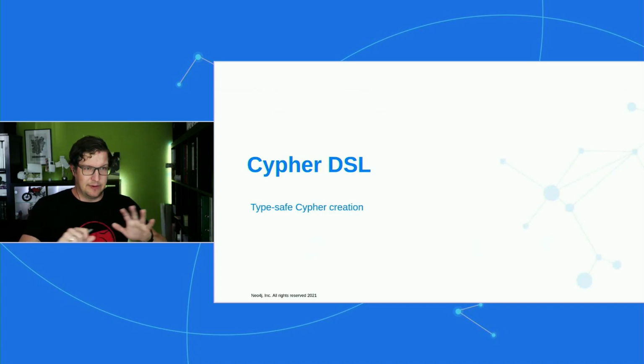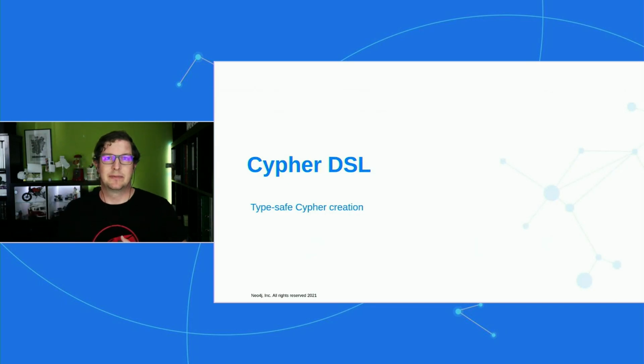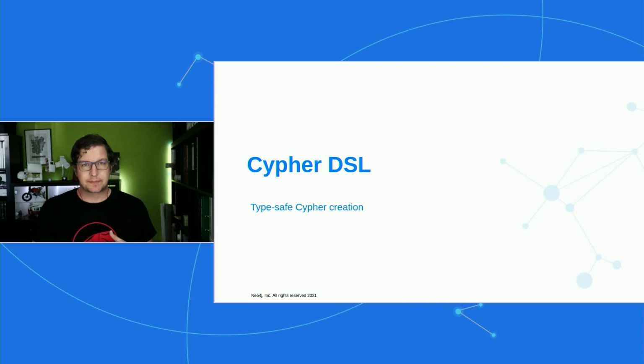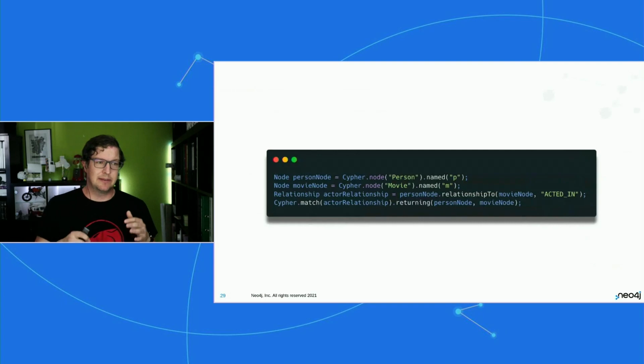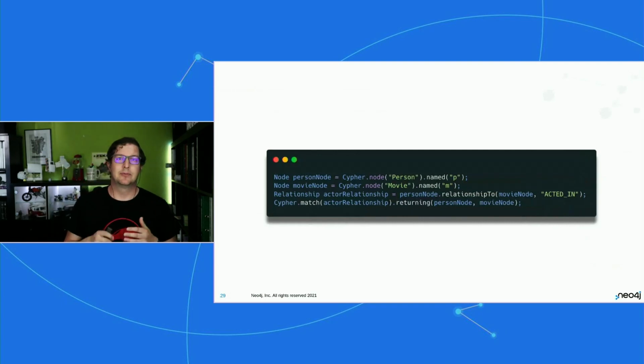So now leaving application framework sides, I want to show you something that's really cool, and we created it parallel to Spring Data Neo4j 6. It's the Cypher DSL. With the Cypher DSL, you get a fluent API to produce Cypher statements.